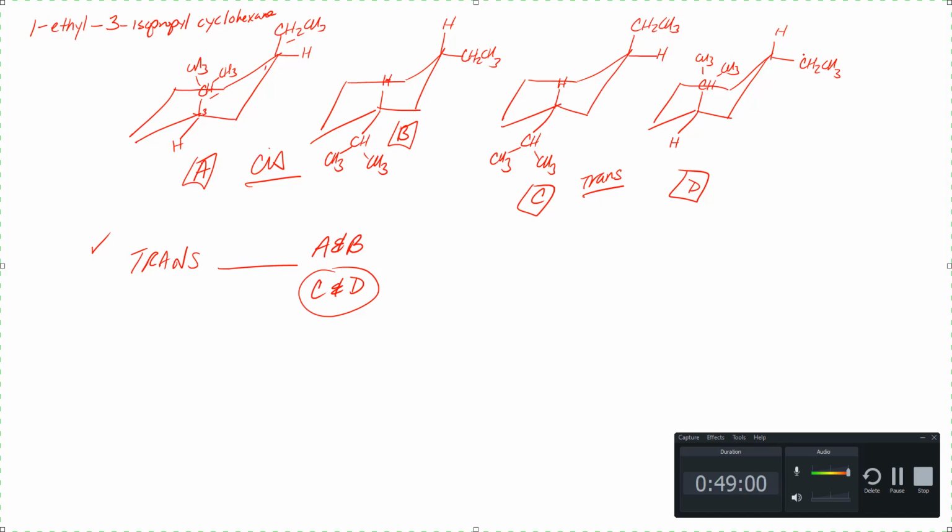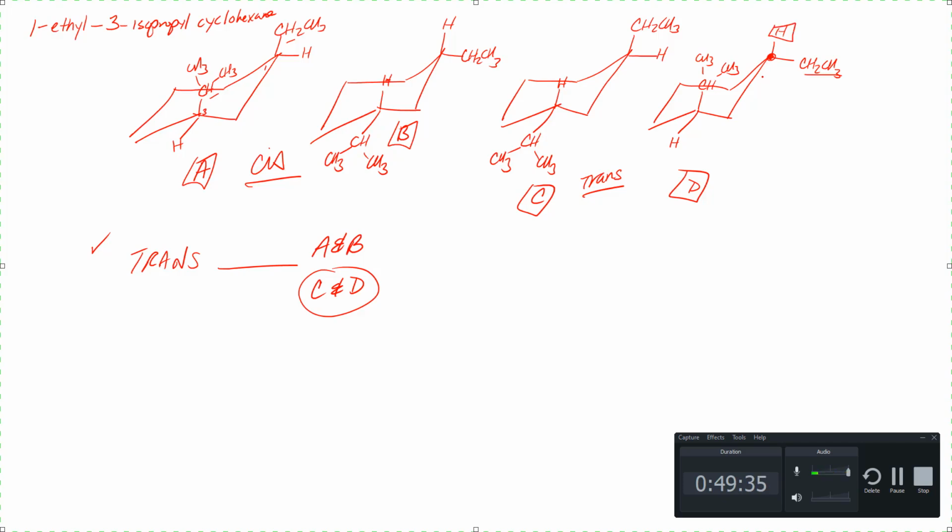Now let me take a moment here for an aside. If you're getting confused as to whether the equatorial positions are above or below, use the axial positions as a guide. What do I mean by that? Is this ethyl group above or below the plane of the ring? Let's just say for the sake of argument that I forget. This carbon has to have one position above, one position below. How about this axial hydrogen?